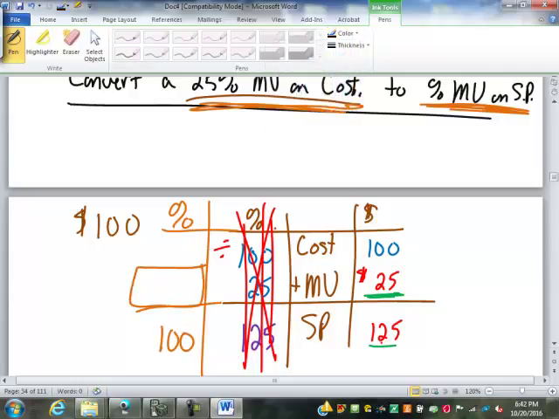And what I'm looking for is the percent markup. So on this other side, I'm going to use the $25 as across from the percent, across from what I'm looking for. The 125 is across from the 100, so I'm going to use those numbers. So I'm going to cross multiply and divide. 100 times 25 divided by 125 gives me 20.